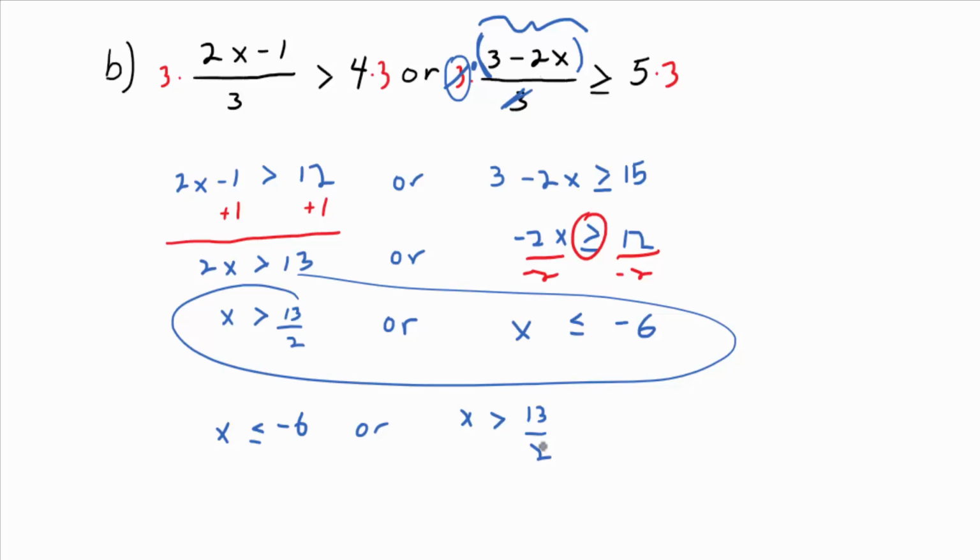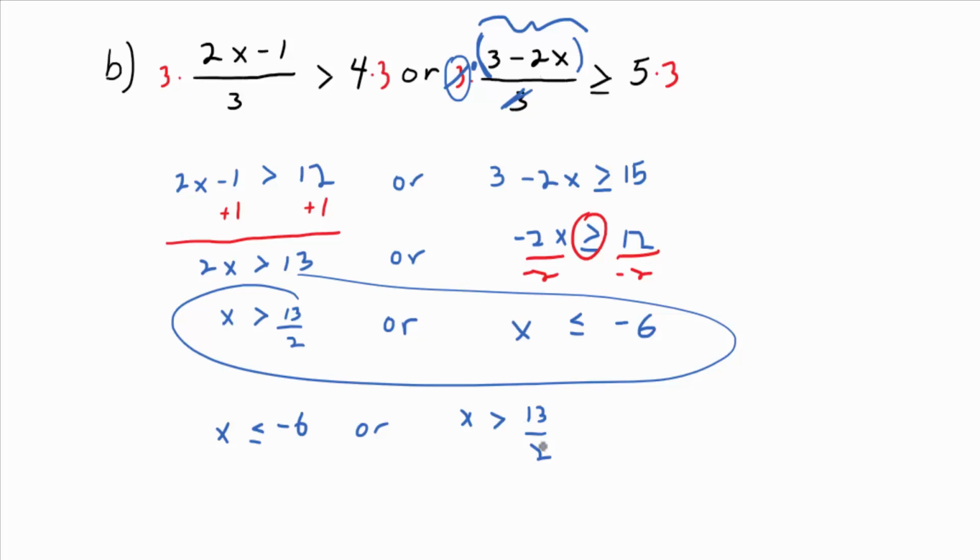These are sets of numbers. X is less than or equal to negative 6 is a set of numbers, as is x is greater than 13 halves. The reason I flip them around is that the left-hand inequality is one interval, and the right-hand inequality is another interval of solution.